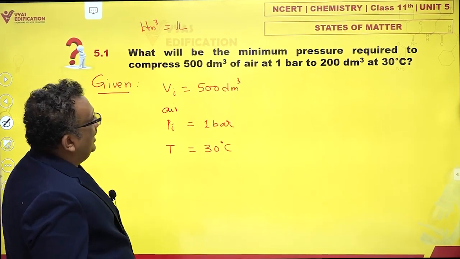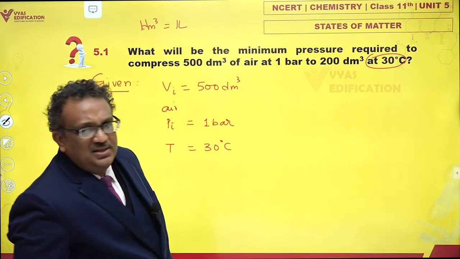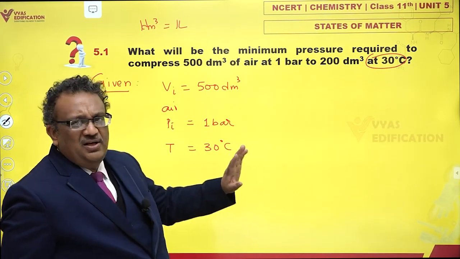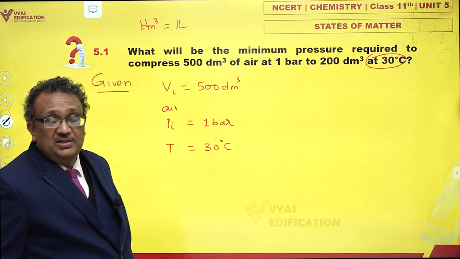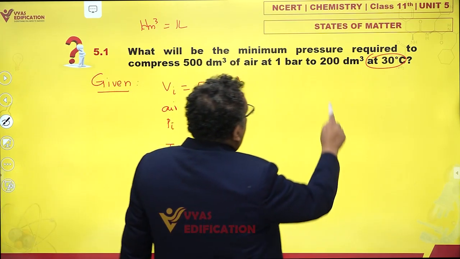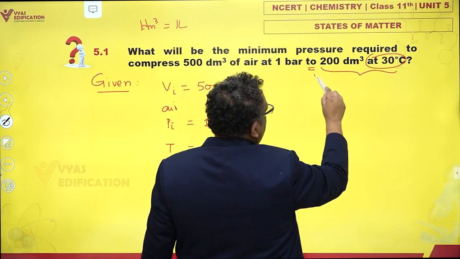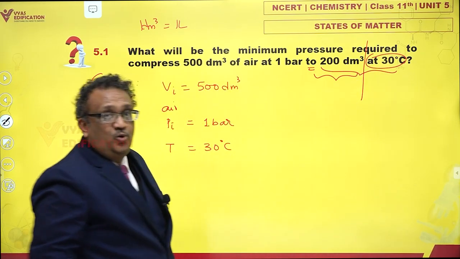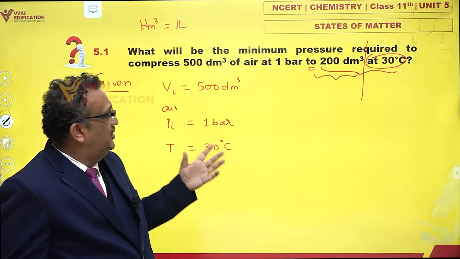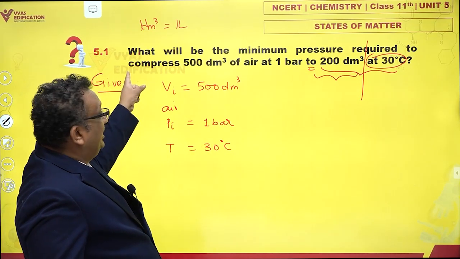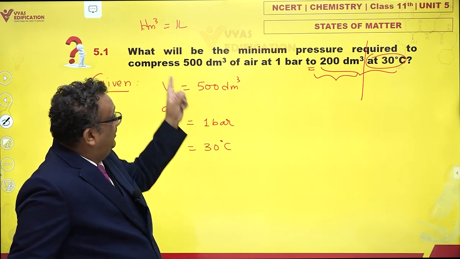Now, at 30 degrees Celsius, what is this? This looks like temperature. There are two meanings which could be attached. They have not given it as constant. The way the grammar has been framed, it's not very great, because initially I'm very clear: initially it is 500 decimeter cube, initially it is at 1 bar, fine.